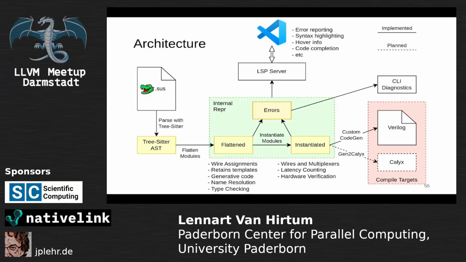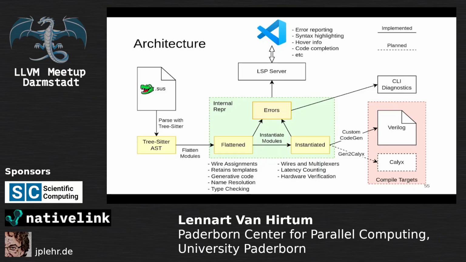With that, all of their code gets executed and we get proper wires, multiplexers, registers, etc. On this instantiated representation, we also do our latency counting, we do concrete type checking, and maybe later on we can do hardware verification and other post-processing steps. From this representation, we can then generate Verilog, or we could generate VHDL, which one of my students is working on right now, but there are also possibilities to generate CLX or CIRCT MLIR.